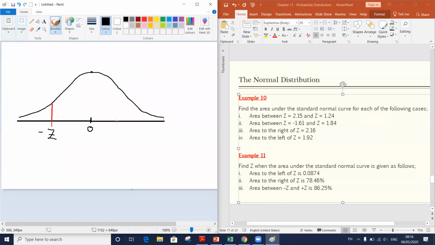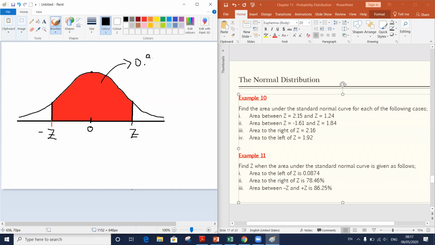The area between minus z and plus z is 86.25%. Here and here, this area is 0.8625.